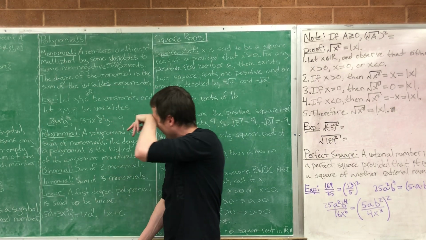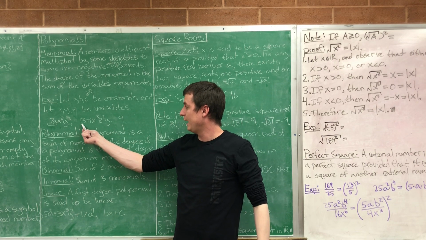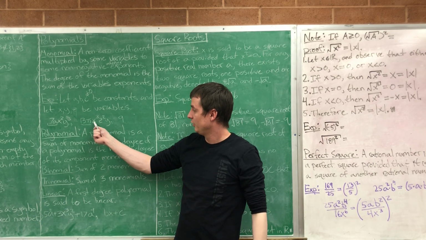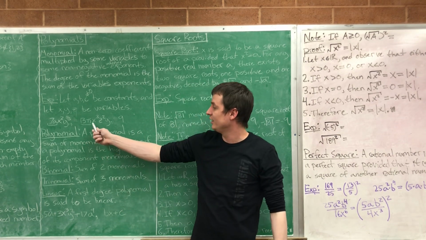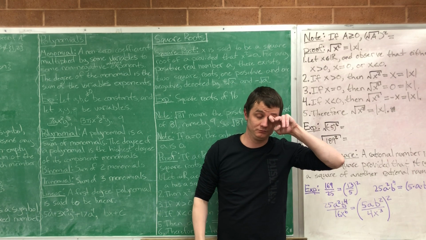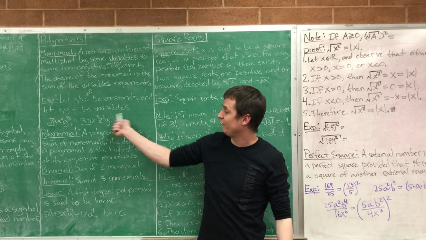Okay, let's look at another one. What's my coefficient? 13 pi. 13 pi is my coefficient. And x, z, and y are my variables, right? And what is the degree of this monomial? 6? When you add up the exponents, so you get 5?